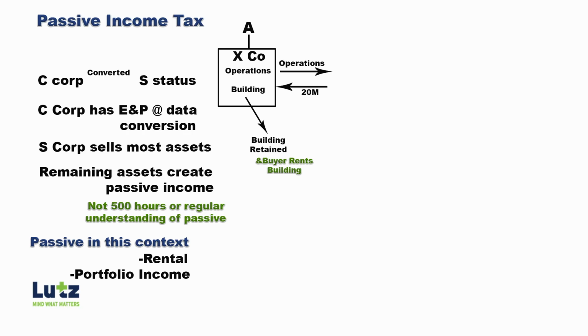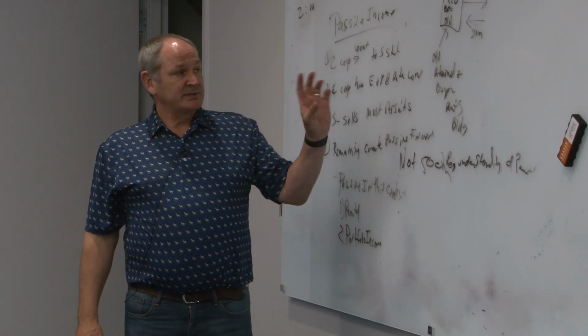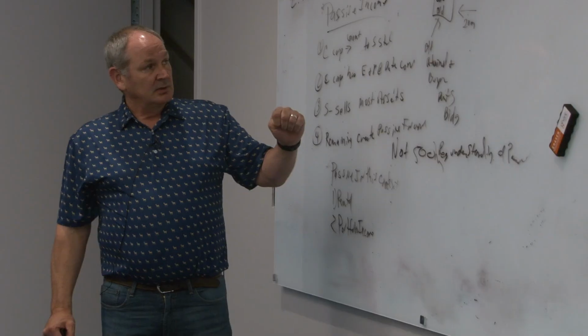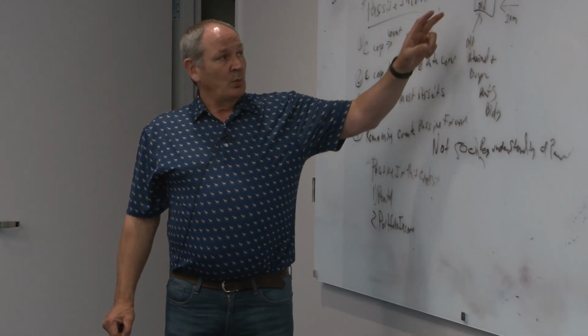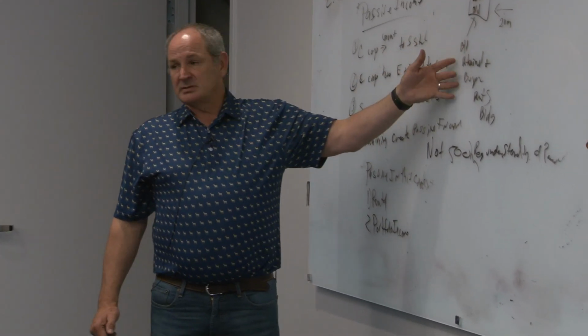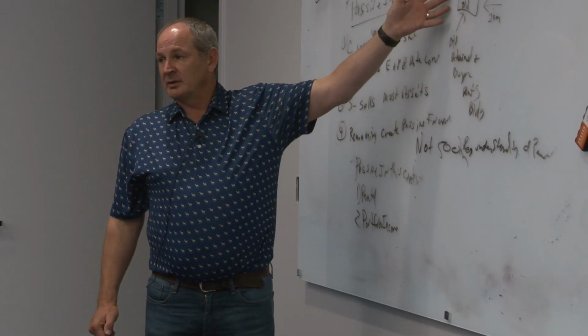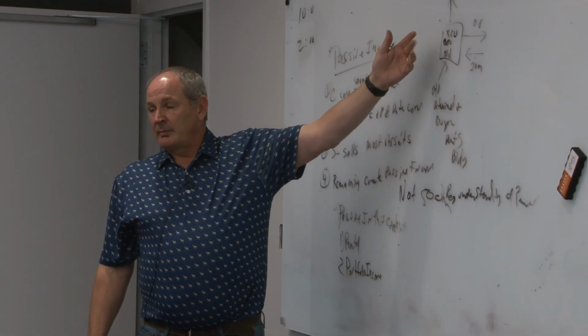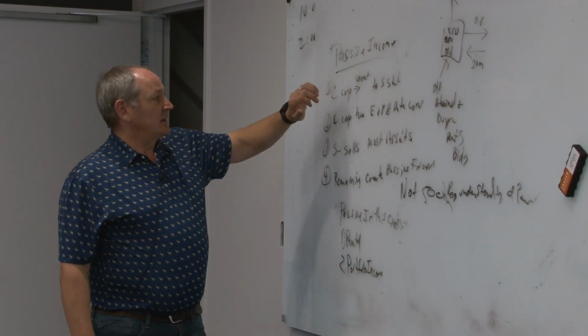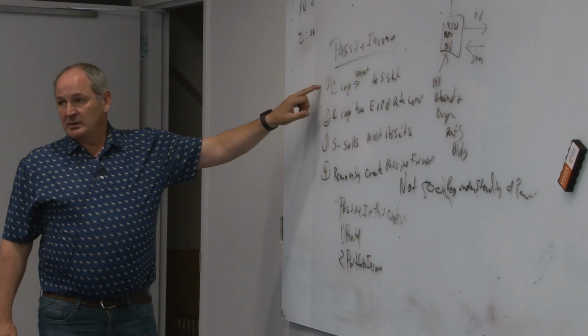This happens. So what passive income says is that once the operations leave the building, all you've got is this building rental, you have passive income. And you have to ask: was I previously a C Corp?